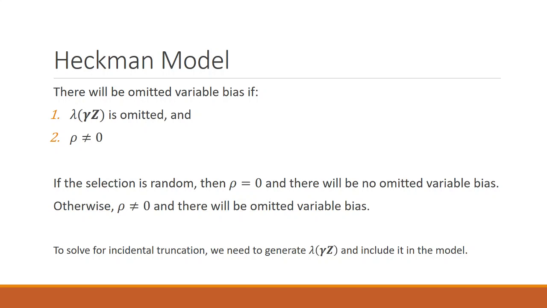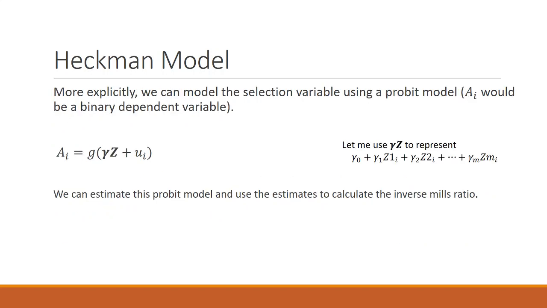So to solve incidental truncation, we need to generate the inverse Mills ratio and include it in the OLS regression model. And how do we generate it? More explicitly, we can model the selection variable using a probit model. Remember, A is a binary variable.